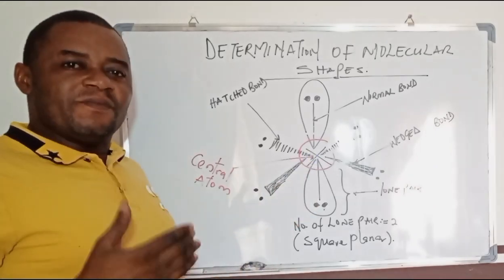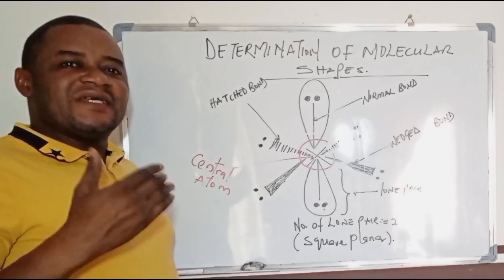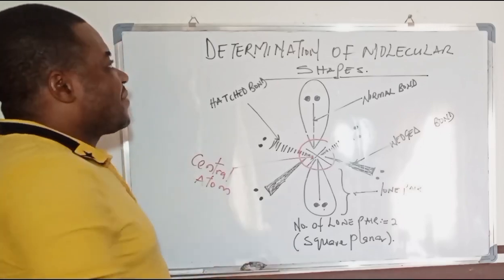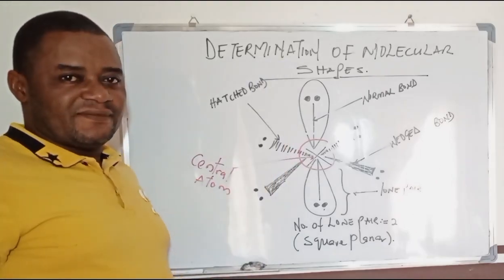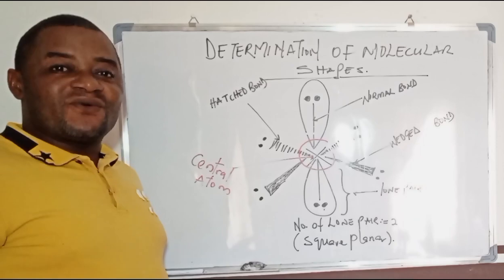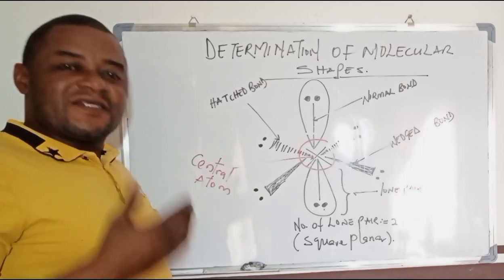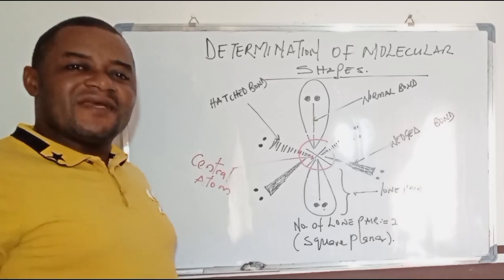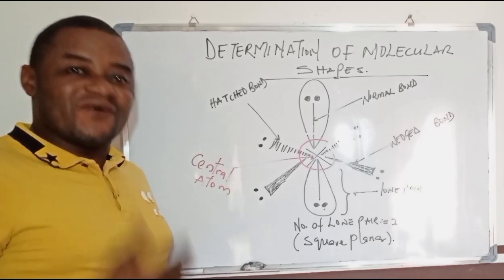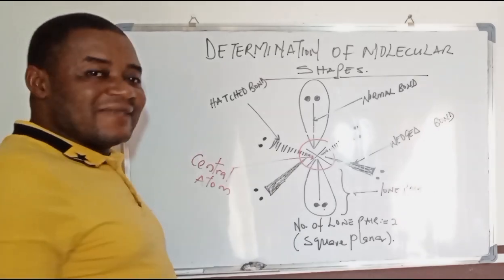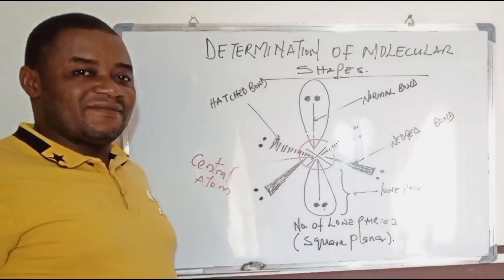Now, both the lone pair and the bonded pair do so much work in the determination of molecular shapes. So when we say that we are determining molecular shape, it means that the two identities that play a major role in the determination of the shape of a molecule are the central atom and the electron pairs.